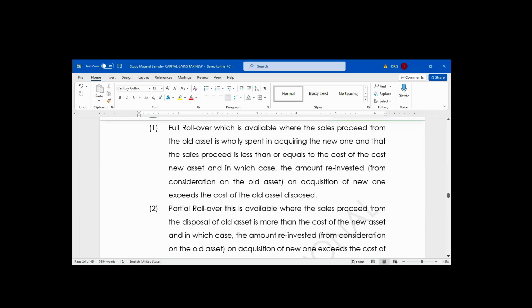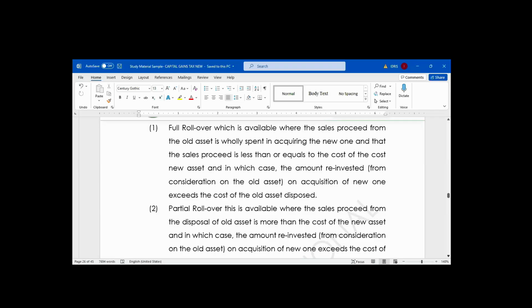Indirectly, in partial rollover relief, the sales proceeds of the old assets are more than the cost of acquisition of the new assets. Cost of acquisition of the new asset means the amount invested.